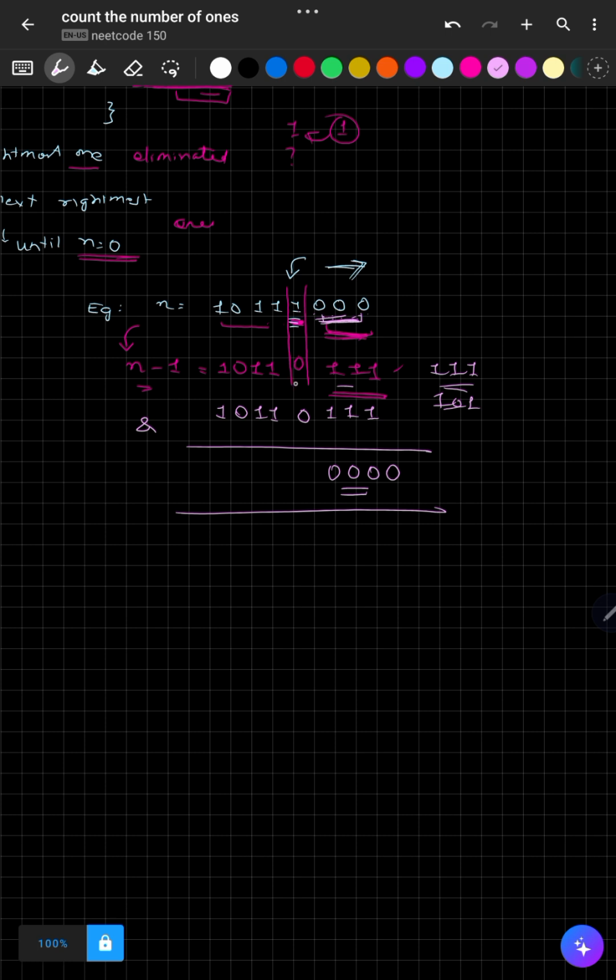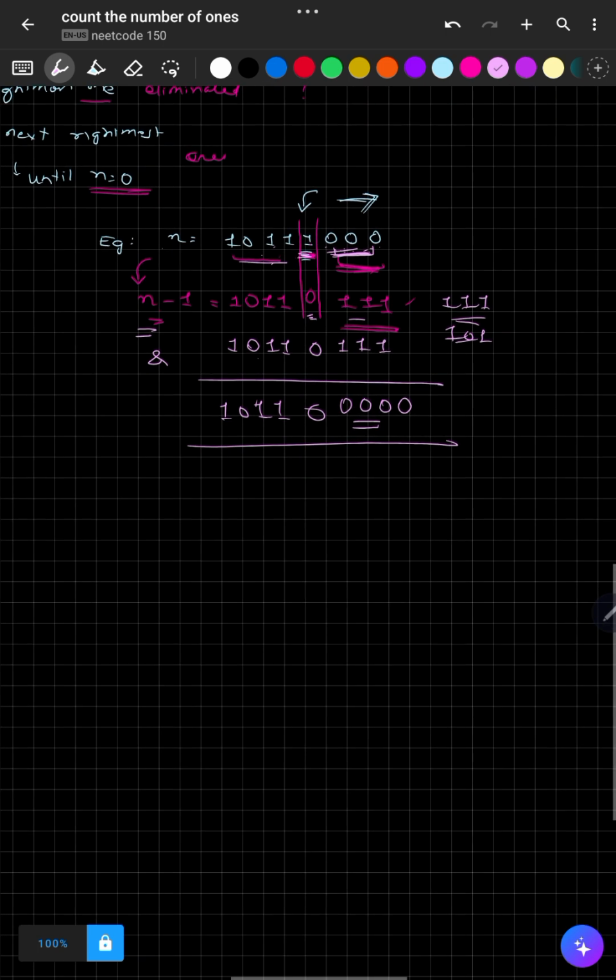Now, as I told you, the digit at this particular position also becomes 0 because n minus 1 is lesser than n, and the digits on the left side of this rightmost one have to remain intact. So 1011, and this particular one also becomes 0, and this is how the rightmost bit will be eliminated.